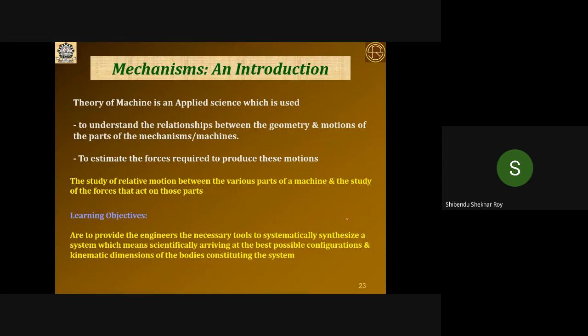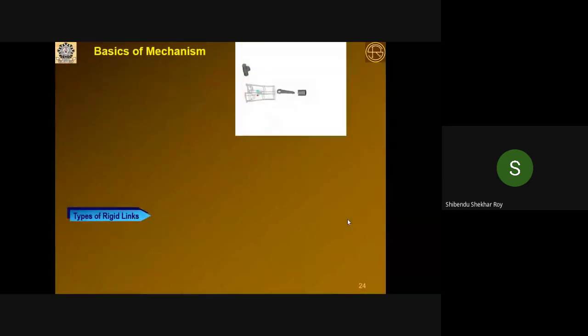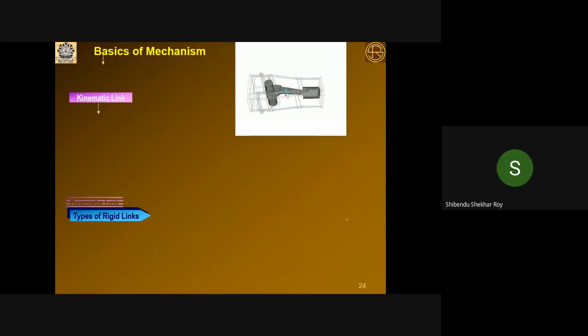That will create a binding or joint between two bricks. So one by one you join the bricks and you get the wall structure of your home. Similarly here in a mechanism, the building block of a mechanism is known as a kinematic link.